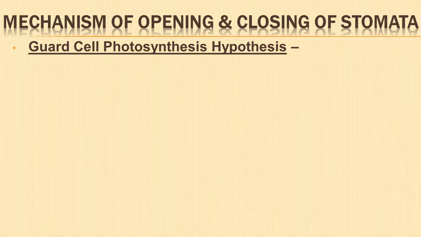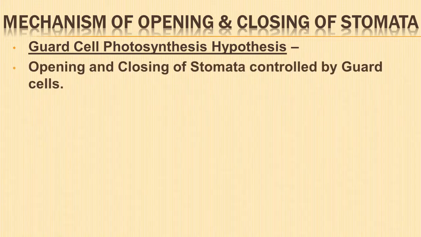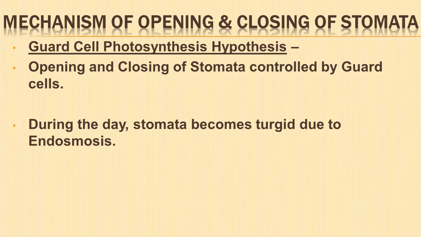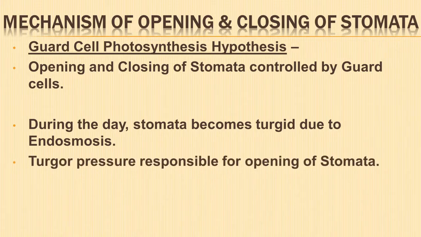Guard cell photosynthesis hypothesis. The opening and closing of stomata is controlled by guard cells. During the day, due to endosmosis, the guard cells become turgid. The turgor pressure stretches the outer thin walls of guard cells outwards.